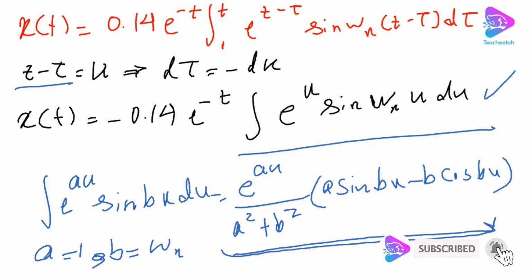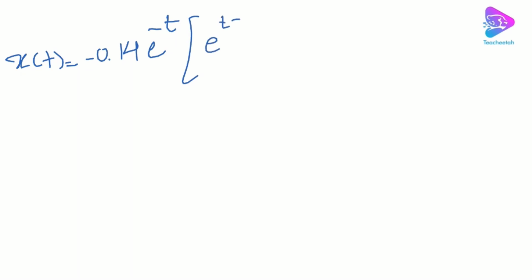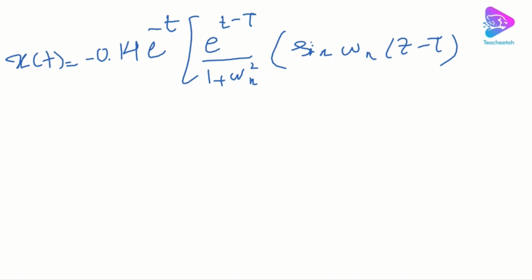So if I do all the process, x(t) would be equal to minus 0.14 e^(-t) times, using the formula I said before, e^(t-τ) instead of u, divided by 1 + ωn², which is a² + b², times (sin(ωn(t-τ)) - ωn cos(ωn(t-τ))), and we close the big bracket here.